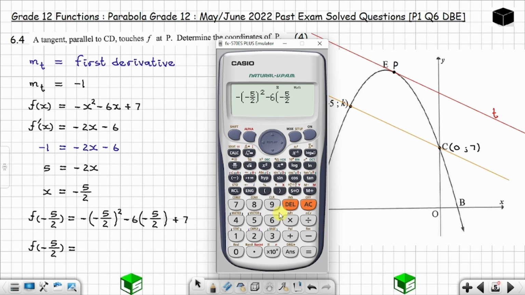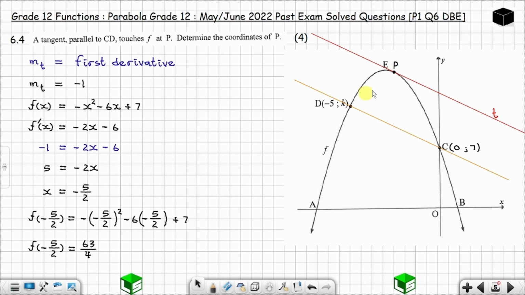You close your bracket and then plus 7, and this is equal to 63 over 4. I hope you can follow. So f of negative 5 over 2 is equal to 63 over 4. This is the y coordinate of the point of contact, the point P. And so the coordinates of the point of contact, the point P, are negative 5 over 2 and 63 over 4. This is how you determine the coordinates of the point of contact.